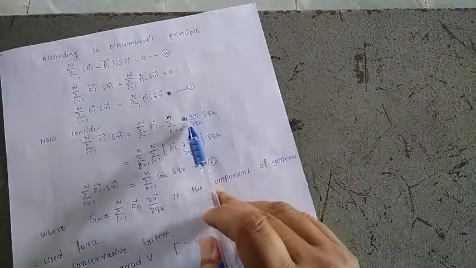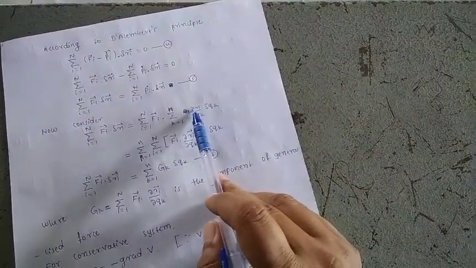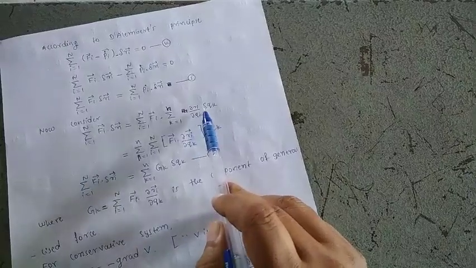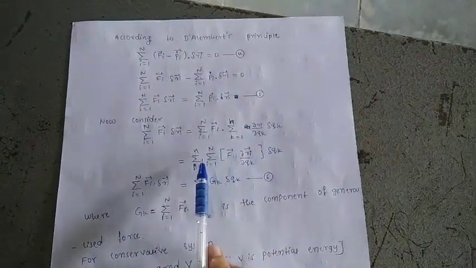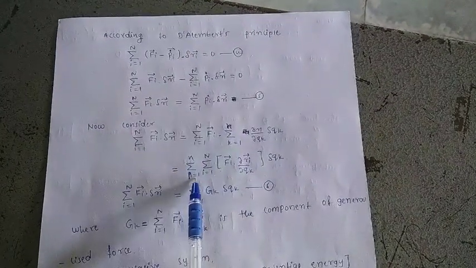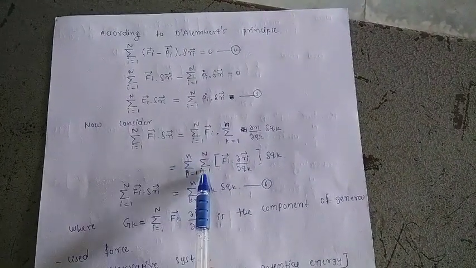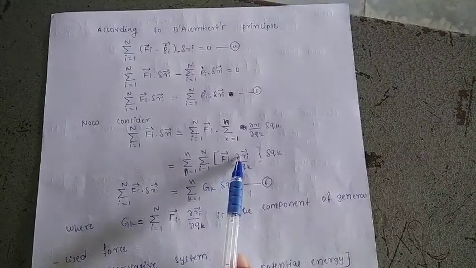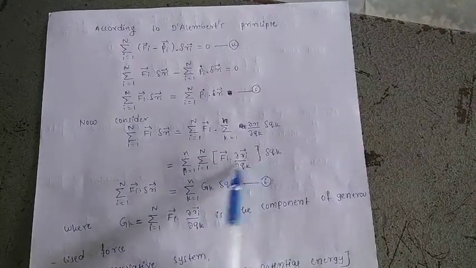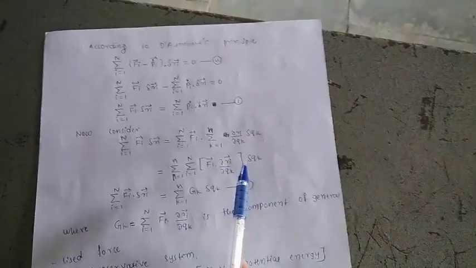This value delta Ri is ∂Ri/∂Qk into delta Qk. Take the summation k = 1 to n and summation i = 1 to n of Fi into ∂Ri/∂Qk, close bracket, delta Qk.